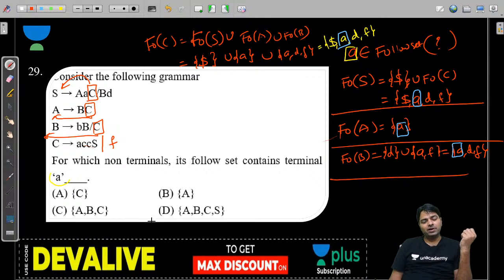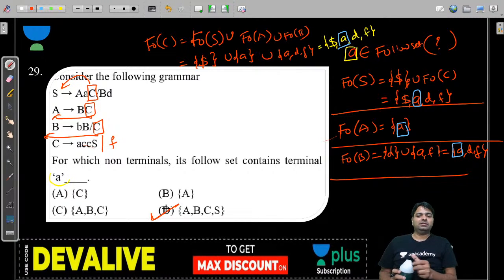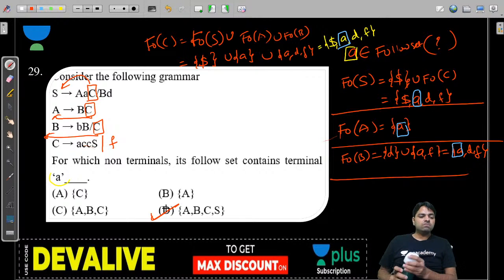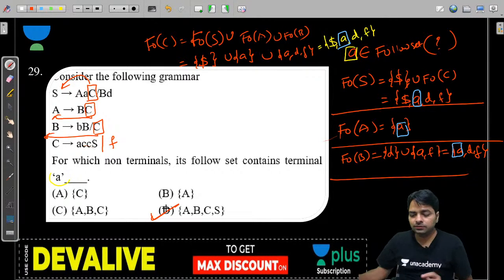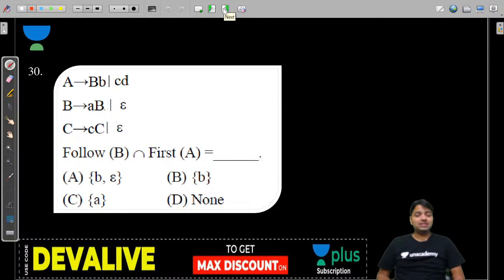So in the follow of all the non-terminals you will have small a. Yes, all of them. Correct? Good.